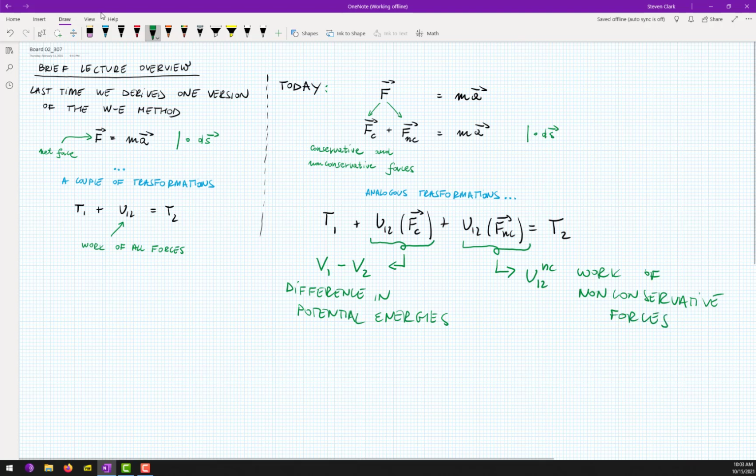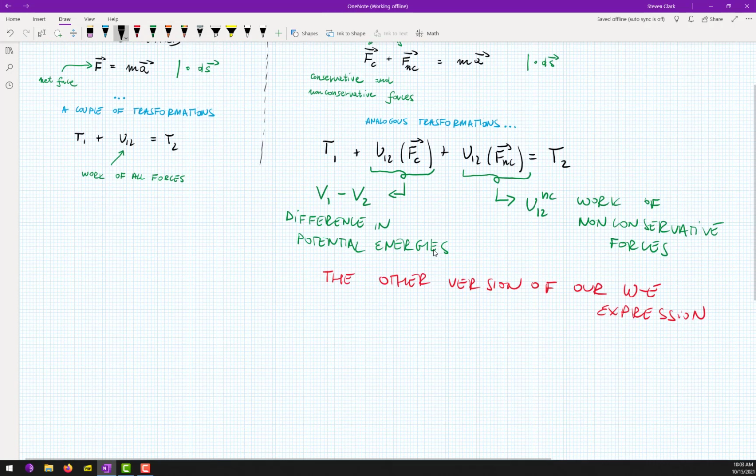So this is the other version of our work energy expression: T1 plus V1 plus U12 non-conservative is equal to T2 plus V2.